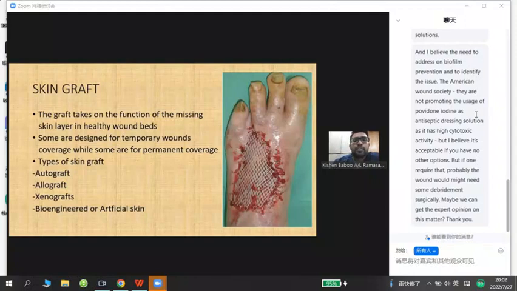How the graft works is it takes over the function of the missing layer, meaning that it temporarily covers the wound until our body starts epithelialization.